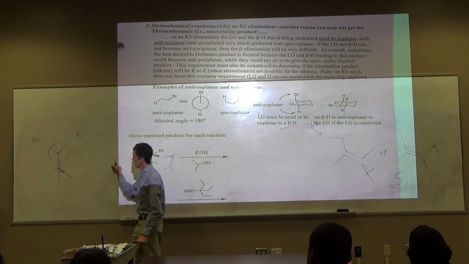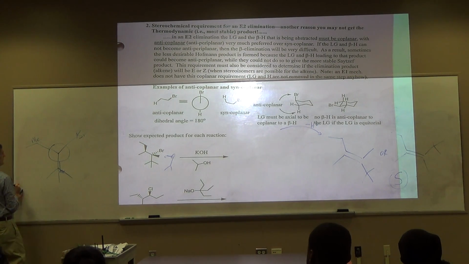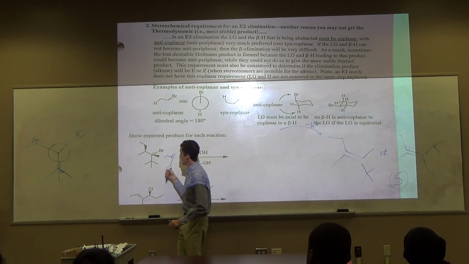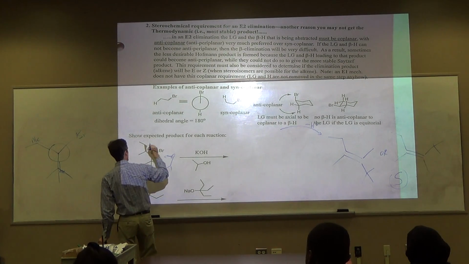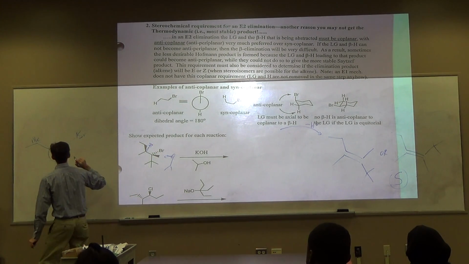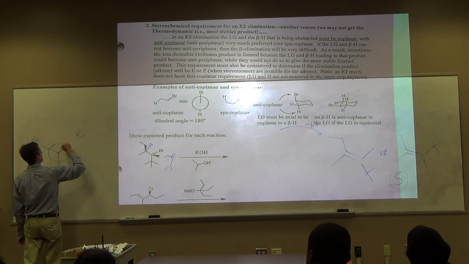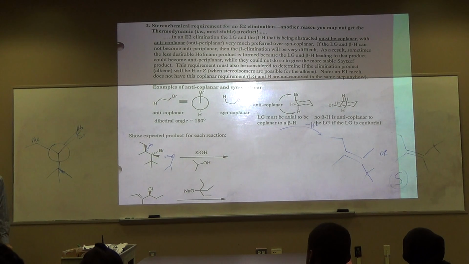Ethyl. It's right behind the methyl. And what's on this other carbon going back? The H. And that's the H, what? HB? Yes. It's right behind the bromine.